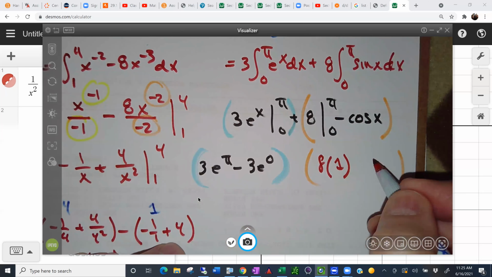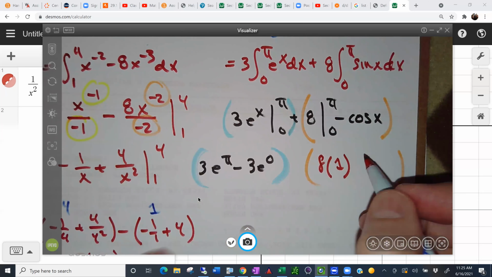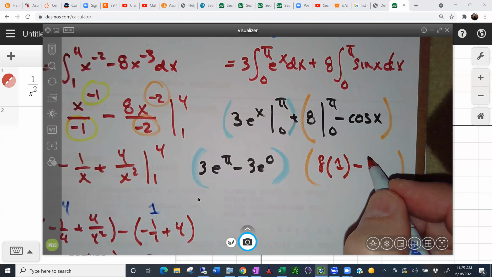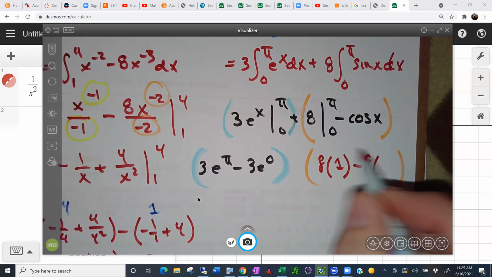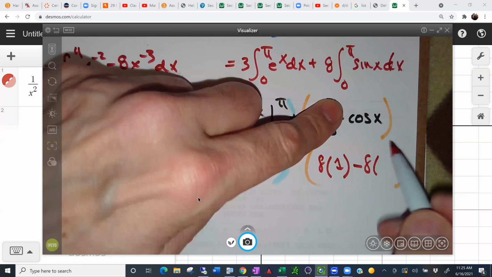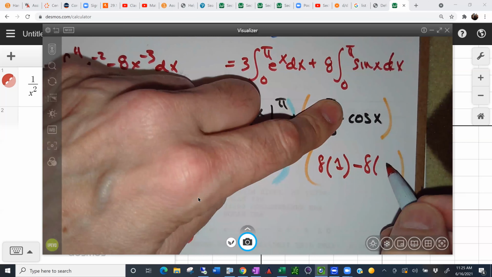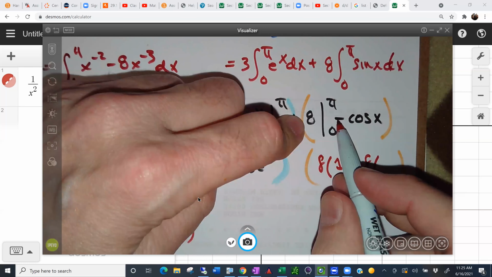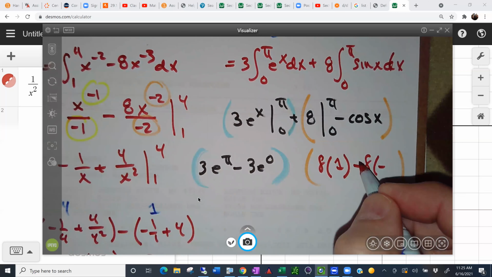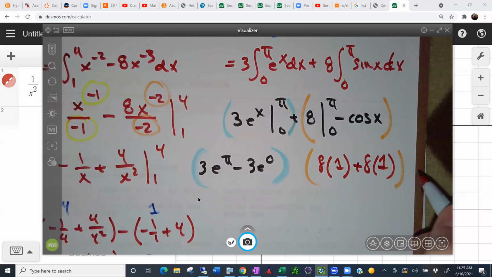So 8 times positive 1 minus 8 times negative 1, because cosine of 0 is going to be 1, but I've got a negative there. So it's going to end up being a plus, like that. 8 times 1, 8 times 1.